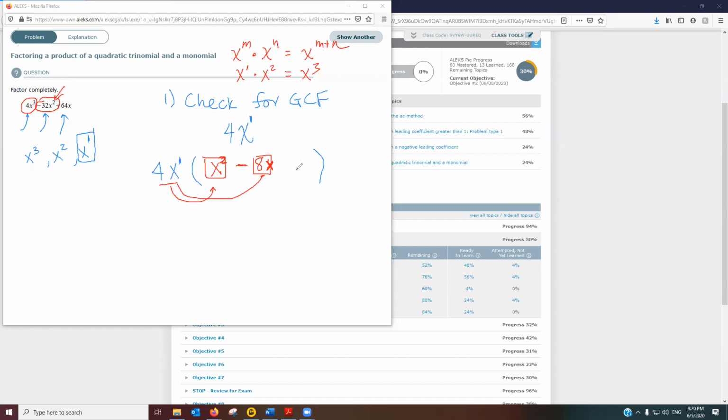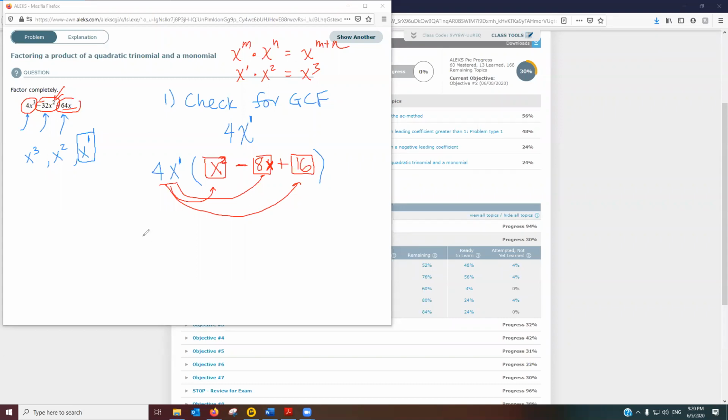All right, let me go to the last box. I need 4 times some box here to get me 64x. Well, I'm going to put a 16 here, right? Because 4x times 16 would get me back to the 64x.